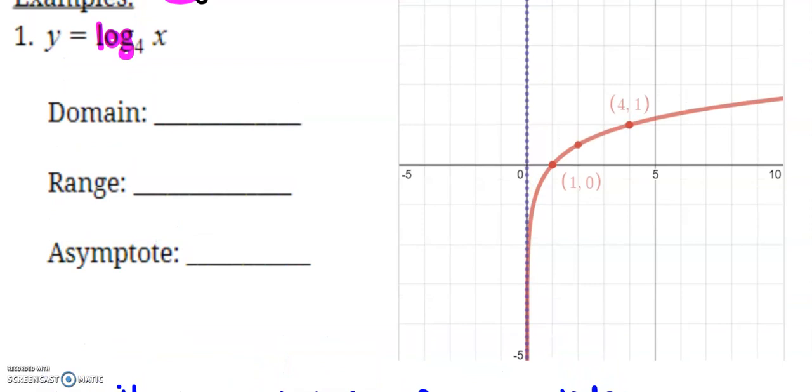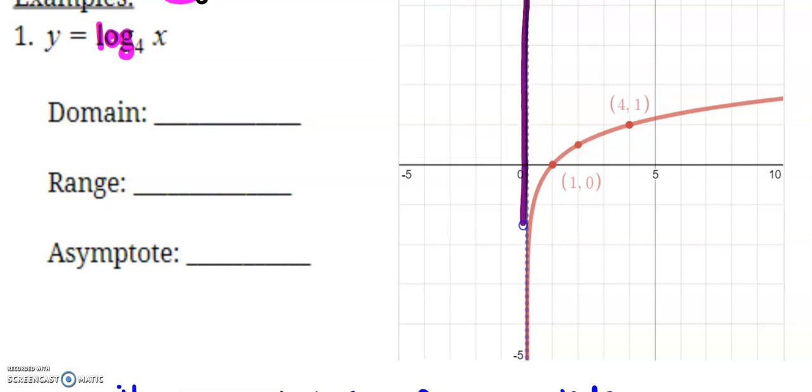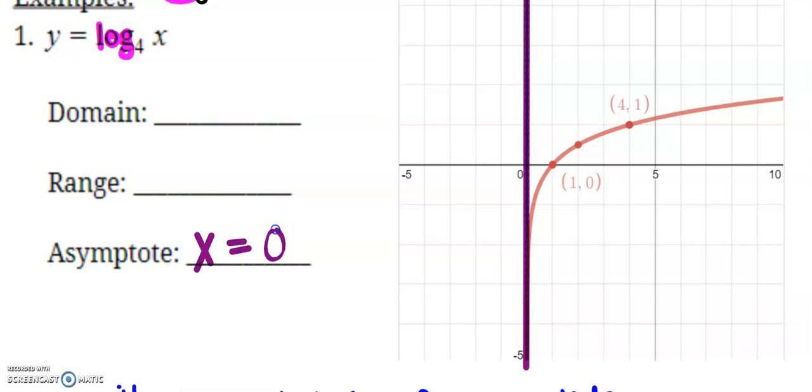And that's important because if you look at this graph right here, you should notice that there is this vertical dotted line here, okay? And the only way to get a vertical line is to write it as x equals. And so this particular vertical line would be our asymptote for our logarithm, which is x equals 0. So again, there's an asymptote here, just like with our exponential function, but it's going to be x equals a number every single time.